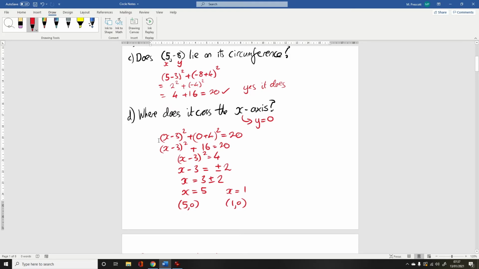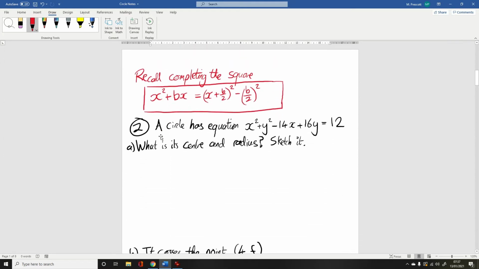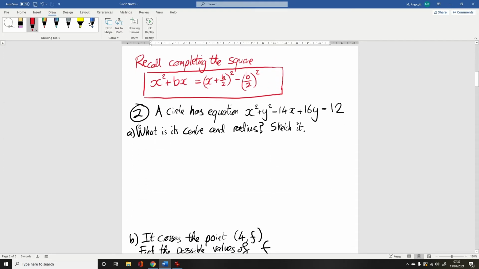Cool. Let's have a look at another question. So something you're often required to do in this is to use completing the square. So you'll often get given a circle equation like this, where it's in a sort of incomplete form, and we want to find what its centre and its radius is. So this is the process we want to go through.